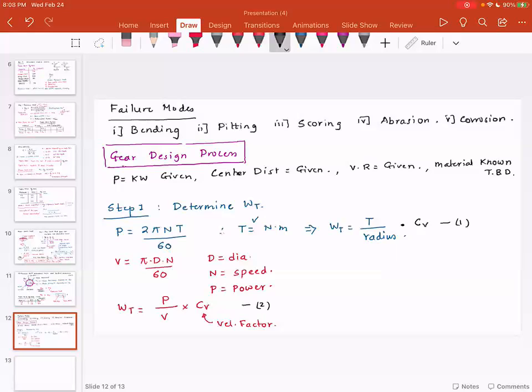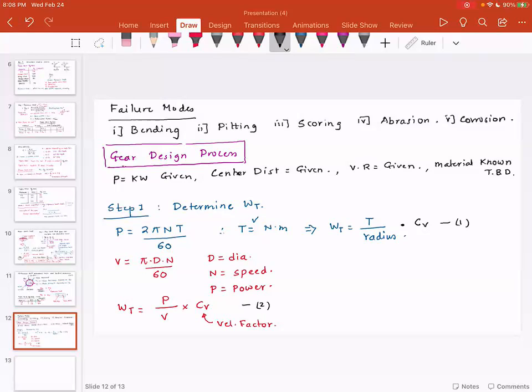Now, sometimes you have to go back and forth in design, because this is a chicken and egg problem. We don't know the size of our gear, and we are trying to find out the velocity factor, because recognize that the velocity factor Cv is dependent on the pitch line velocity.